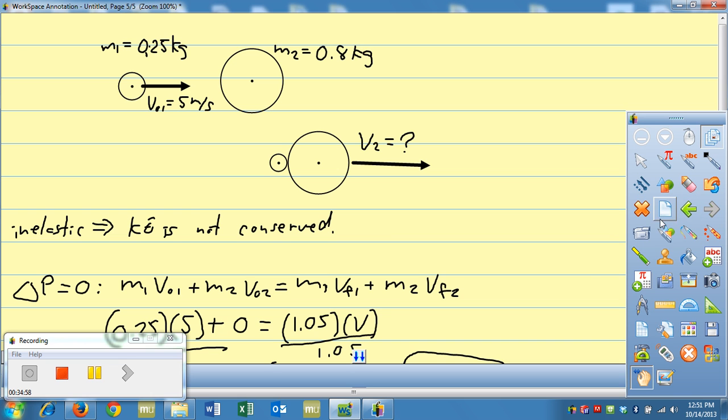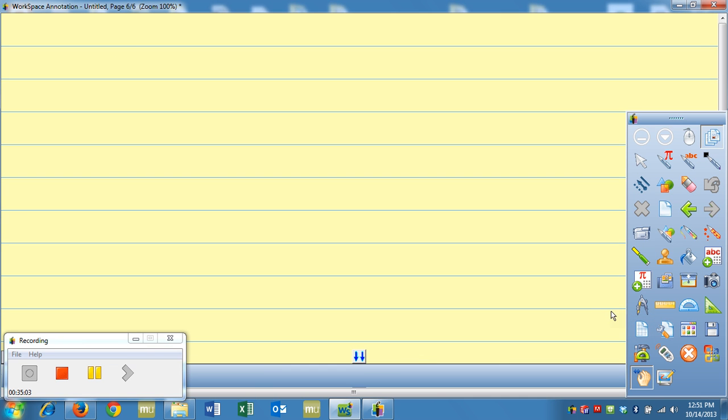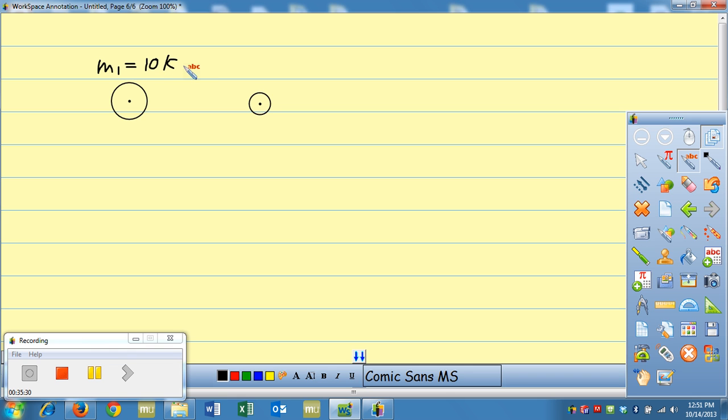How about if I make one up for you to do? Okay, here we go. Let's imagine that we've got two masses, okay? So here's our first mass, here's our second mass. Okay, so we'll have our first mass, M1 equals 10 kilograms, and our second mass, M2, equals 2 kilograms.